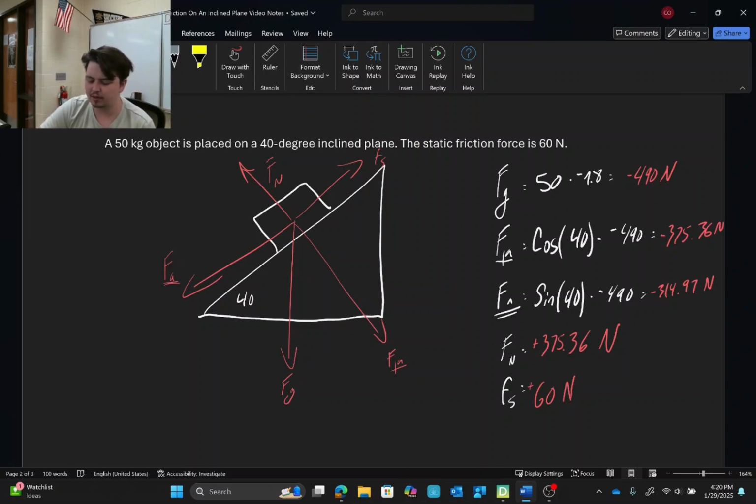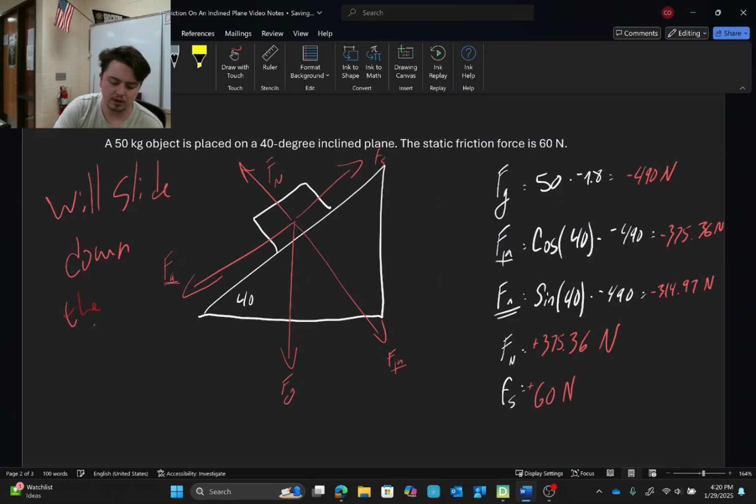Our parallel force is that negative 314.97, which is very significantly larger than our static friction force of 60 newtons. So this object will slide down the ramp.